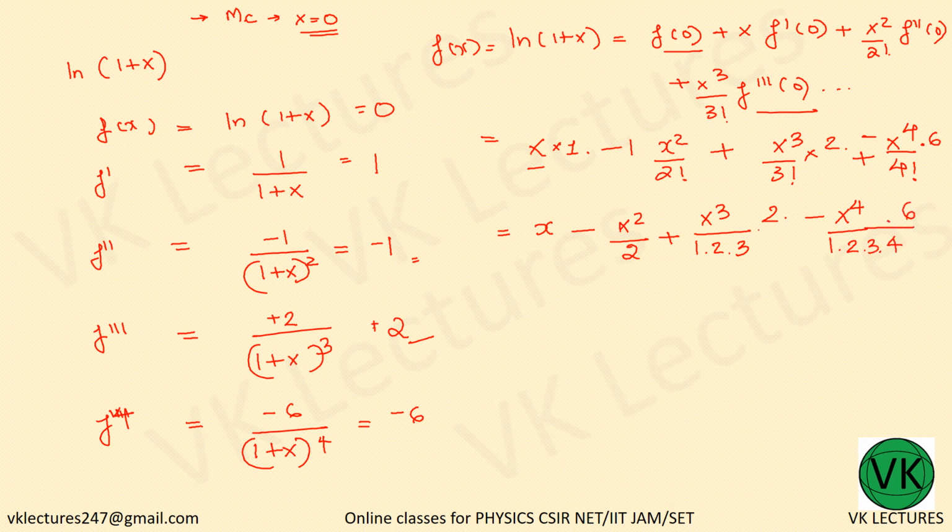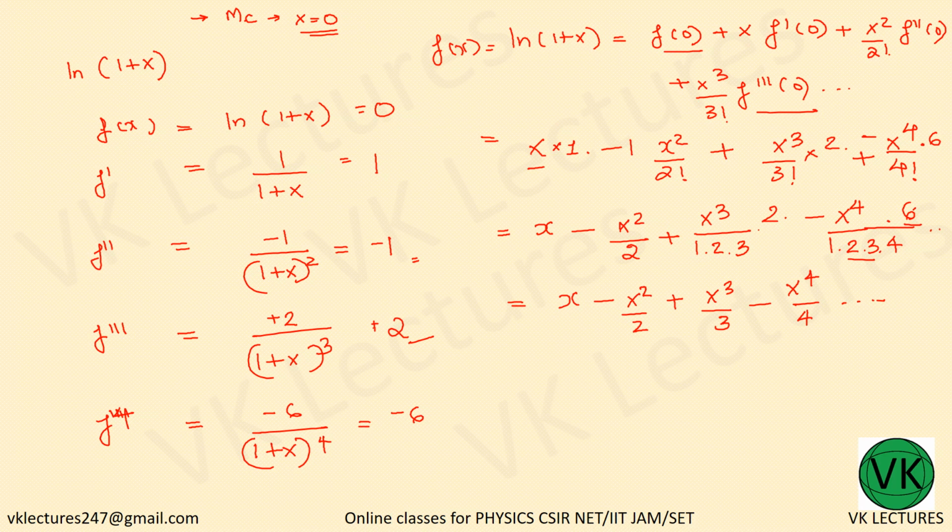Okay, it goes on. So this I can write as x minus x square by 2 plus, this 2 and 2 get cancelled, so it becomes x cube by 3 minus x to the power 4, and 2 times 3 is 6, so it gets cancelled with 6, so x to the power 4 by 4, it goes on like that.